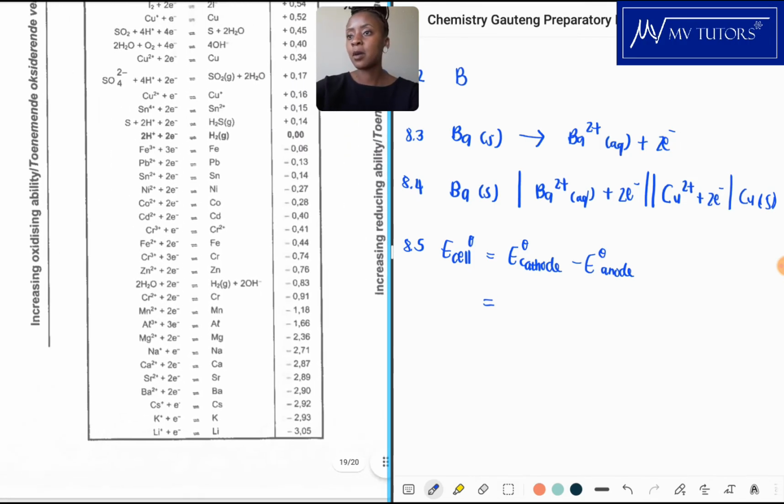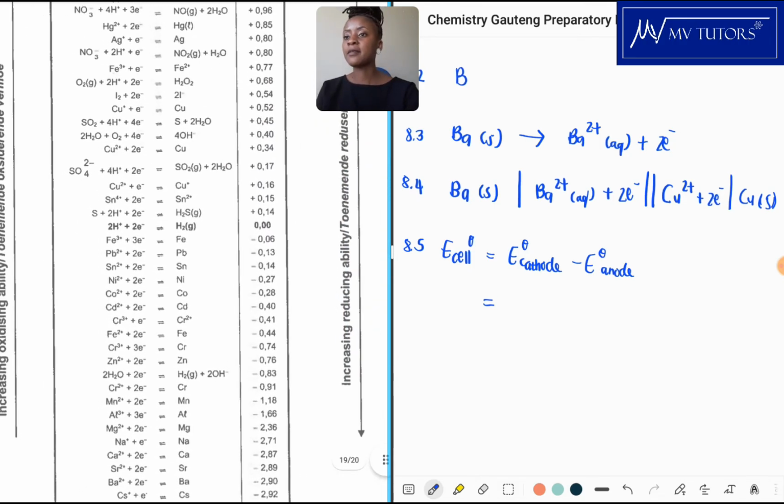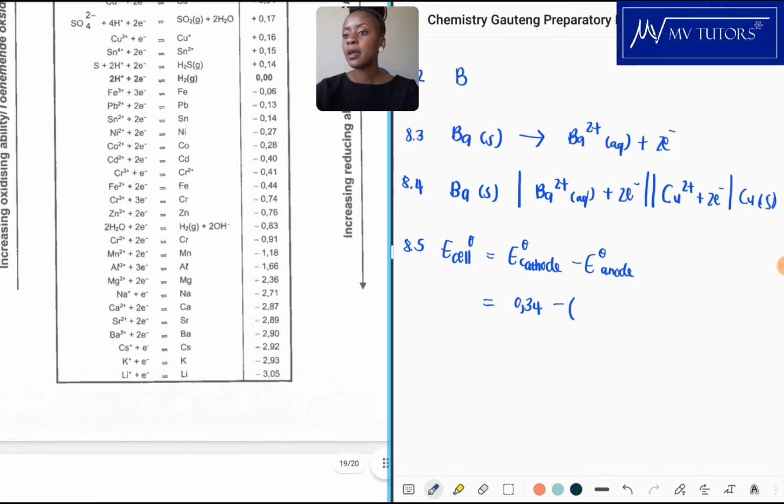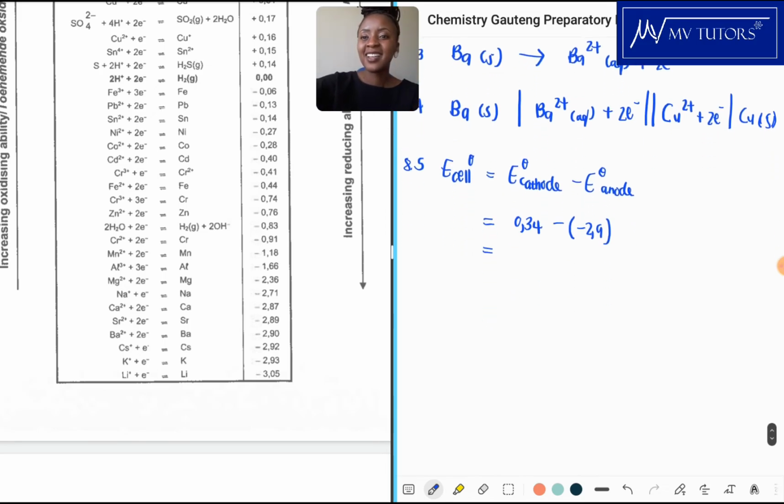For copper, we look at the value of the voltage, which is 0.34, and we subtract what happens at the anode. Barium, we have negative 2.9. If we were to calculate that, I forgot to activate my calculator.